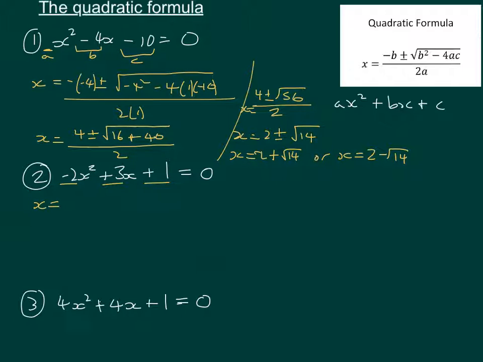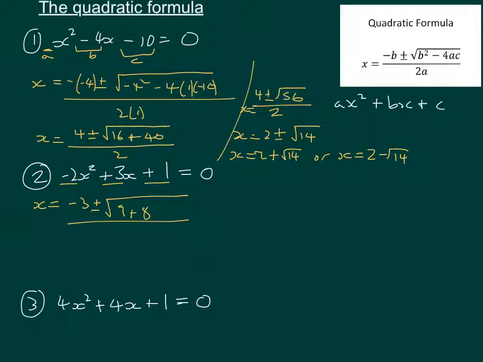So x equals minus B, which is -3, plus or minus square root of B squared, which is 9, minus 4 times A, which is -2, so that'll be -8. We've got -8 times 1, so it'll be +8, so 9 plus 8, all over 2 times A, which is -4.